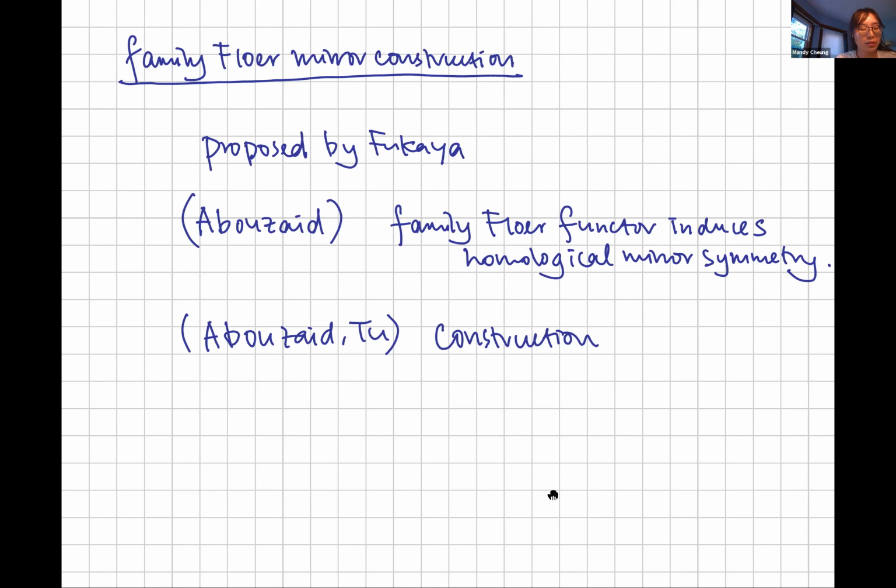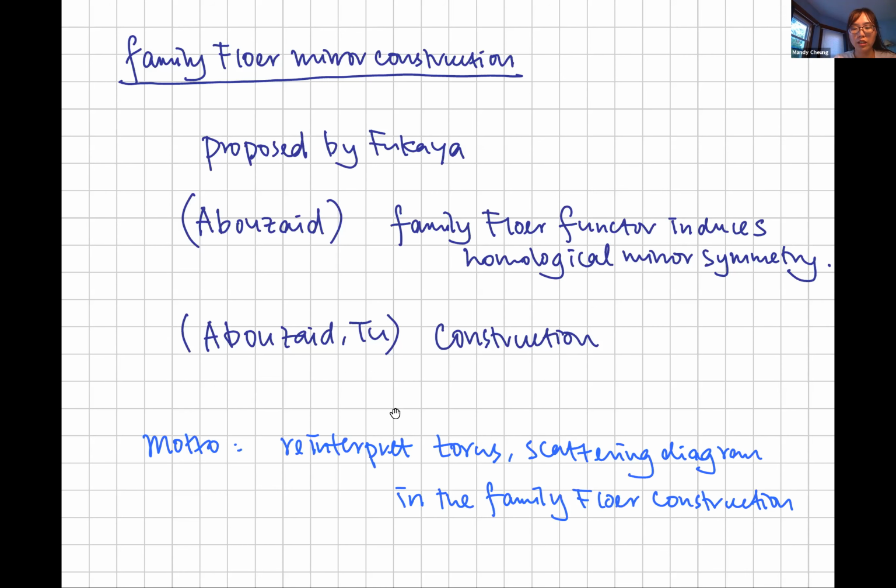And in this paper, our construction is based on the construction described by Abouzaid and Tu. We basically looked into that paper and checked that construction. And the motto is, at least from my point of view, like I said in the first part of the talk, there are two take-home messages. The first take-home message is gluing of tori.